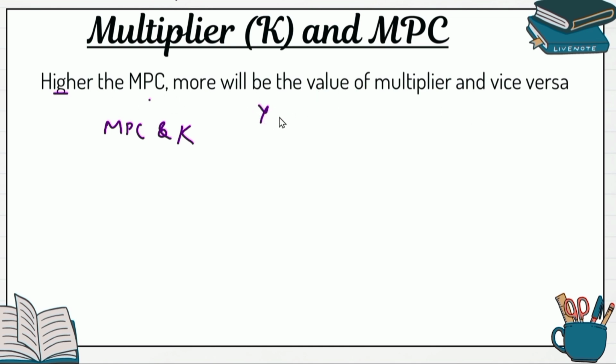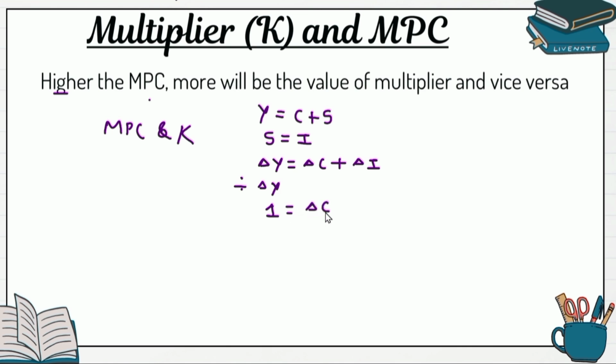As we know, income earned is either consumed or saved, which means the change in income is equal to change in consumption plus change in investment. If I divide both sides by change in Y, this side would be 1, and this side is change in C upon change in Y plus change in I upon change in Y. And what is K?